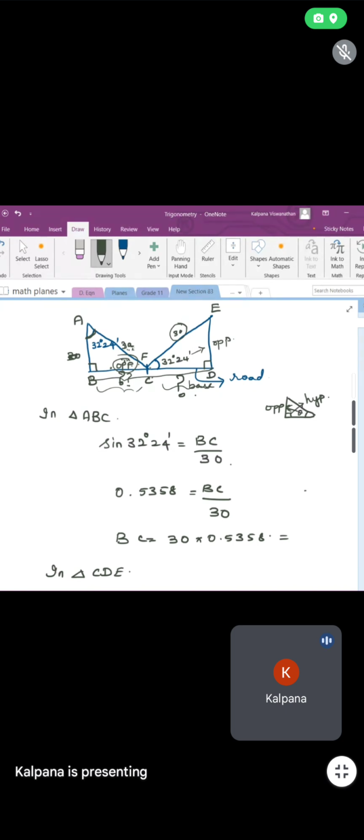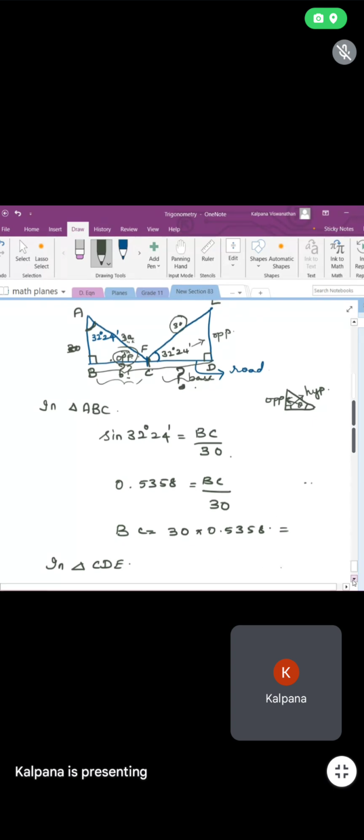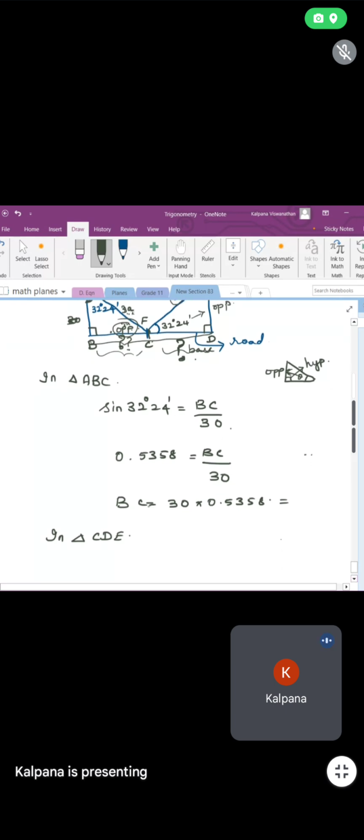So one part we already found, the other part is CD. So CD is the unknown and the known part is 30. So base by hypotenuse is nothing but cos. So cos 32 degree 24 minutes is equal to CD by 30.